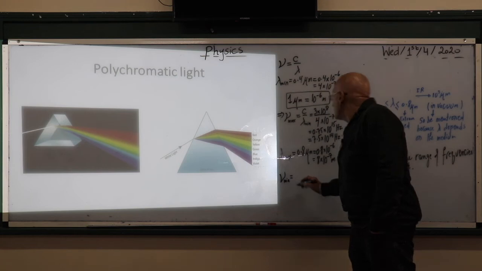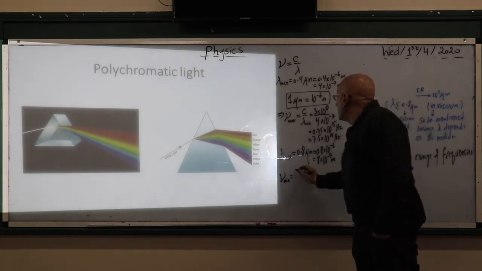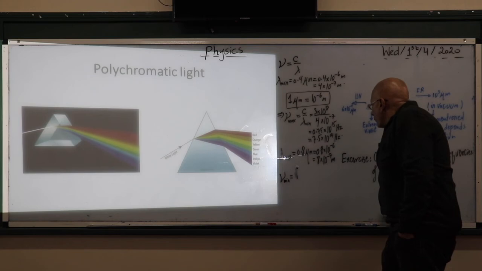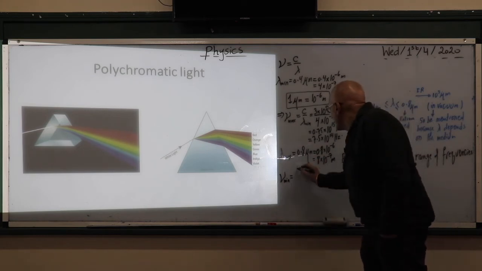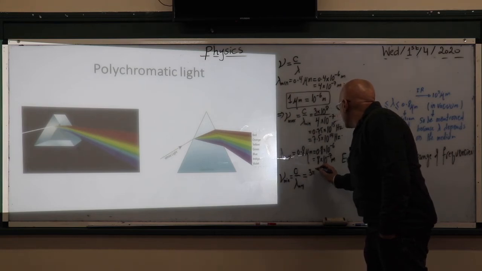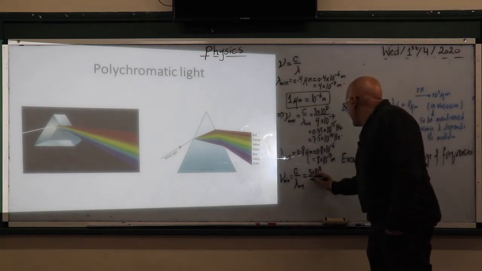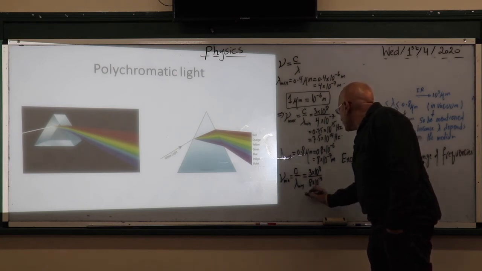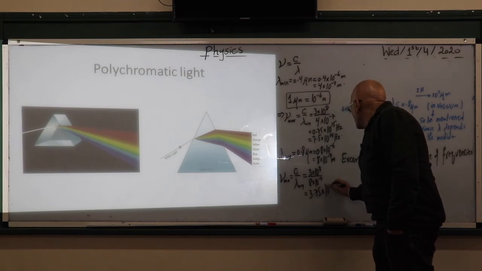Frequency minimum is equal C over lambda maximum, which is equal 3 times 10 power 8 over 8 times 10 power minus 7, which is equal 3.75 times 10 power 14 hertz.